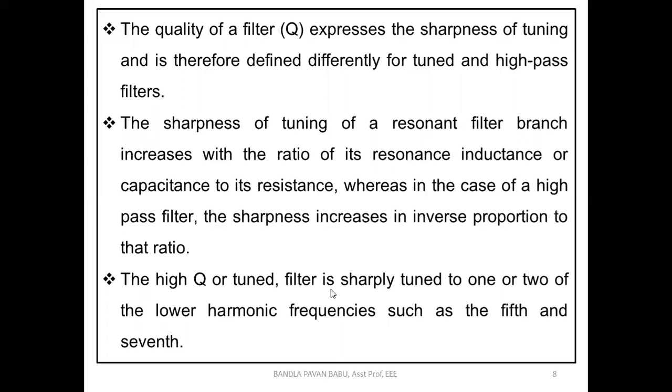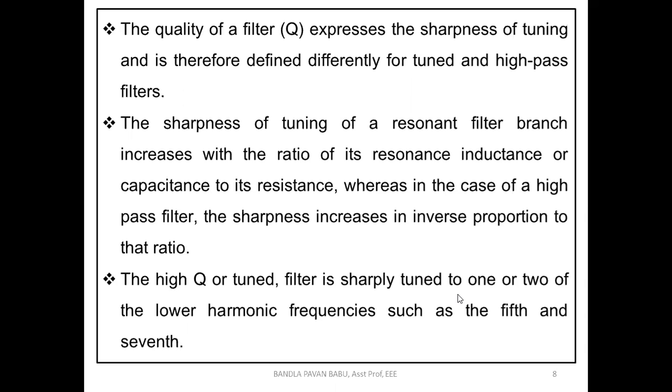So especially for the fifth and seventh harmonics, we need to place the filters. High Q or tuned means that, based upon the harmonic component frequency and magnitude, we design the filters.